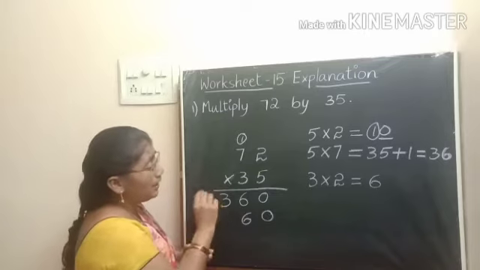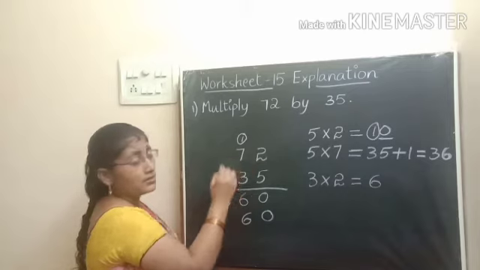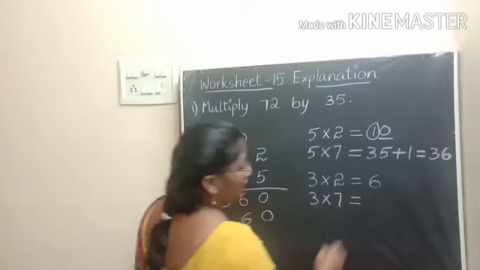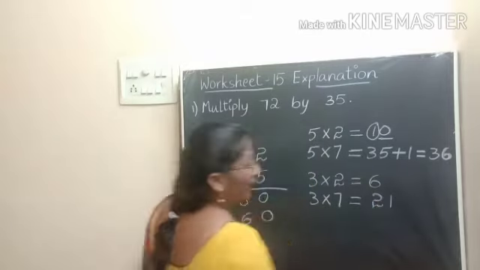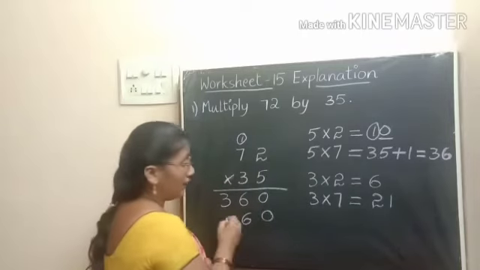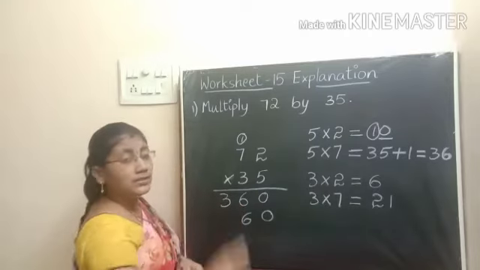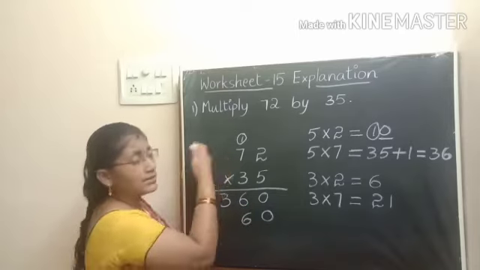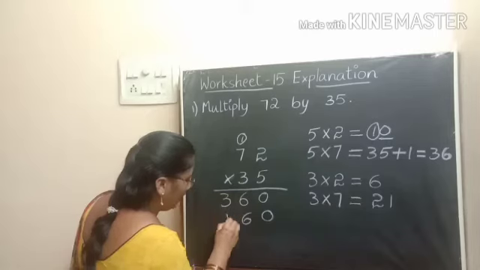Next we have to multiply 3 and 7. 3 sevens are 21. We get a 2 digit number. We could write 1 here and pass 2 as carry, but there is no other digit to pass the carry. That's why we can write 21 here only.